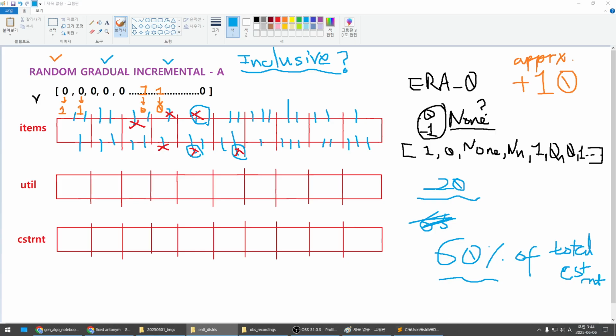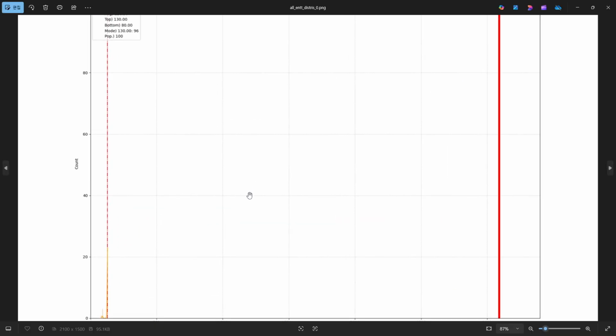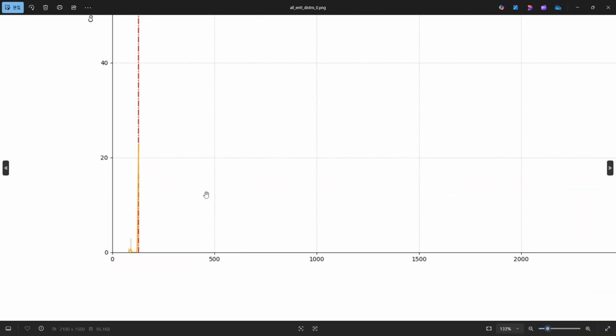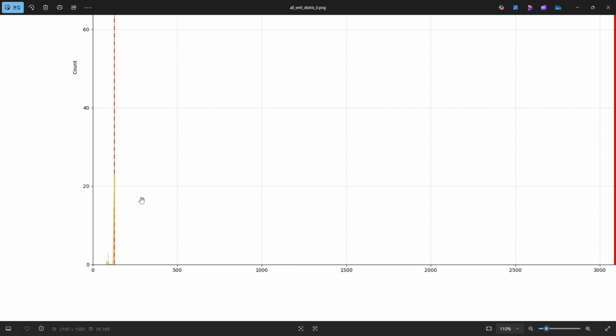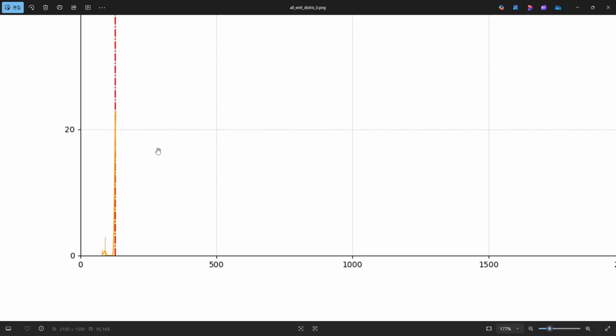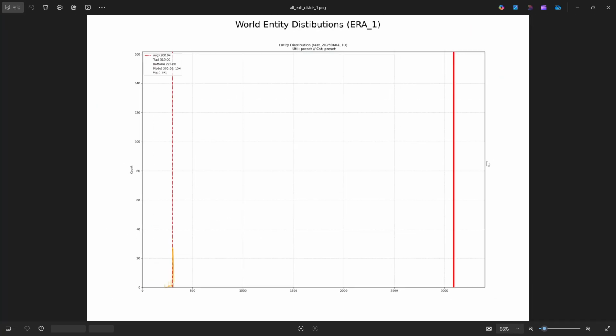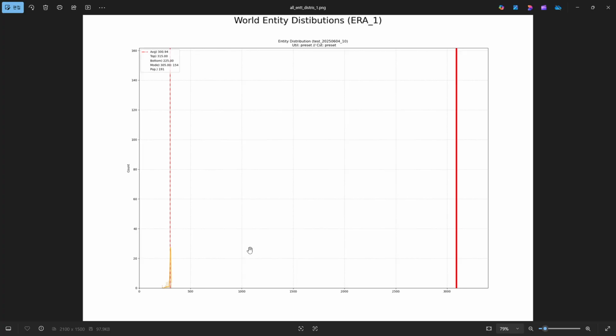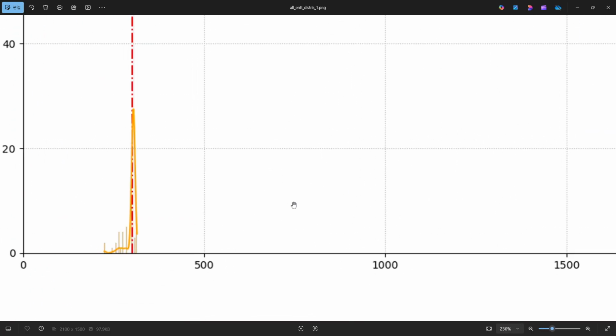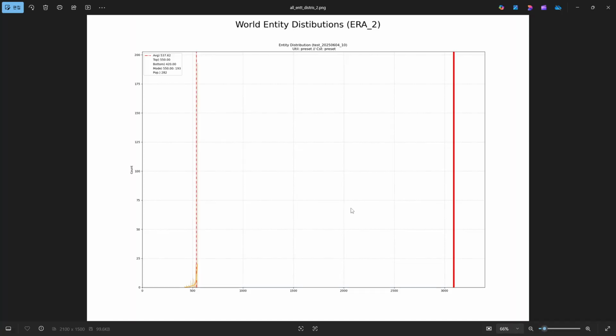So again, let's have a look at the distributions one last time. First era, that's a very weird looking distribution. Second era. Okay. Oops. Third era.